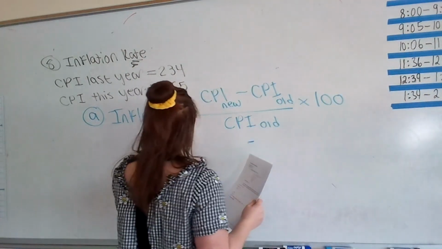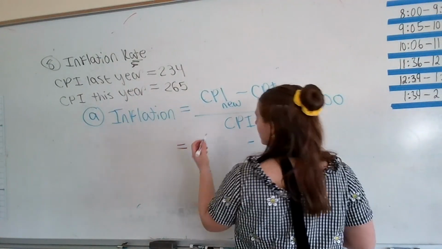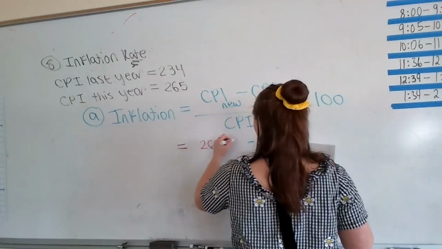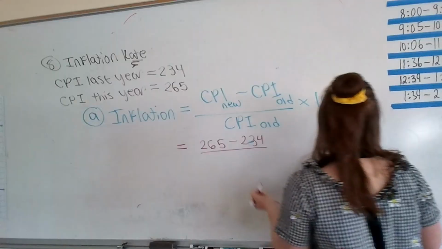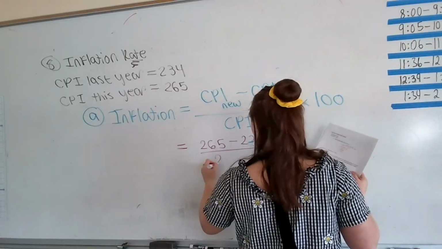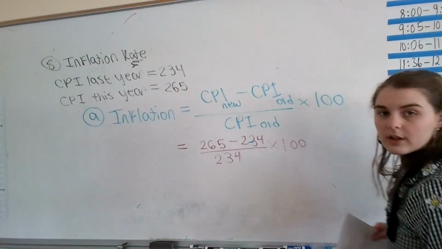So if we want to do that for this equation, we're going to have our new, which is this year's 265. We're going to subtract our old 234. We already know that that's going to be a positive number, and we're going to divide it by our old 234 and multiply by 100.